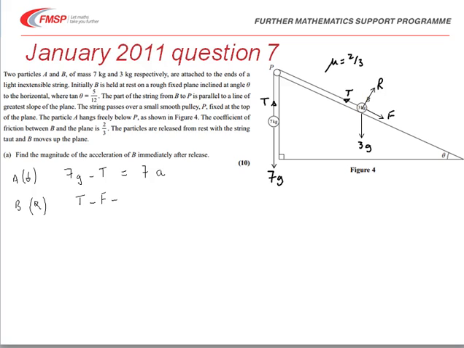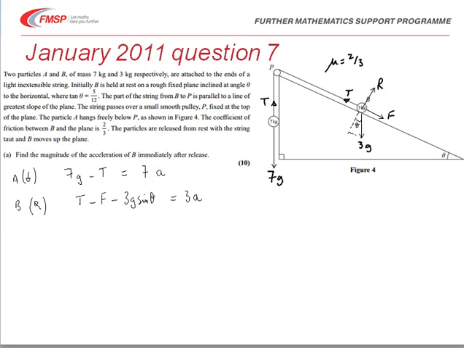And then also we have the component of the weight. Now if I put that onto the diagram, theta is in here, and the component of the weight is going to be 3g sine theta, so minus 3g sine theta. So those are the forces, and they will be equal to the mass 3 multiplied by the acceleration.